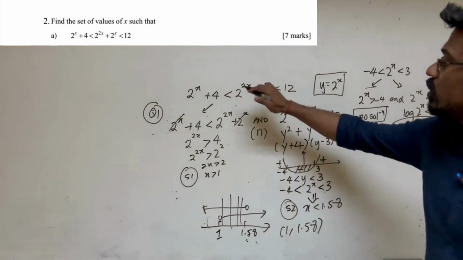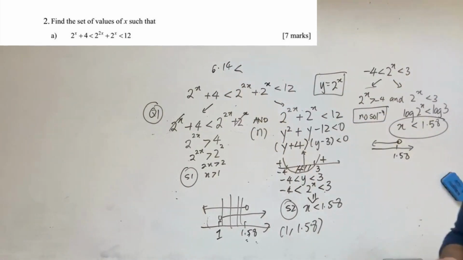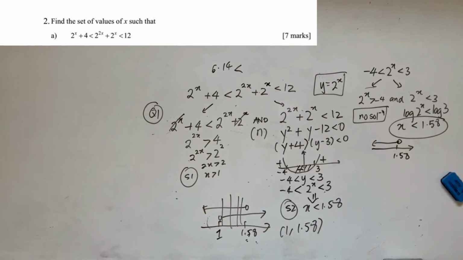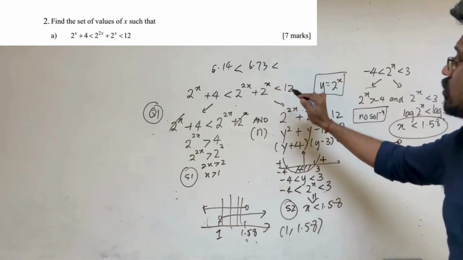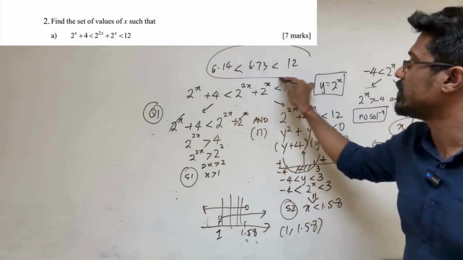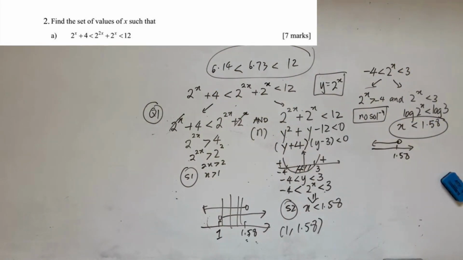So that means this will be 6.14 less than, I took 1.1, so 2 to the power of 2.2 plus 2 to the power of 1.1. So this will be 6.73. Then you see, it's logical. So meaning to say, pick any value and put it here, it will be logical.